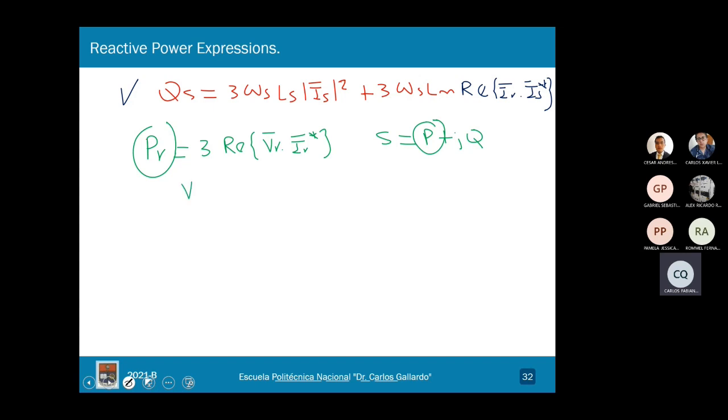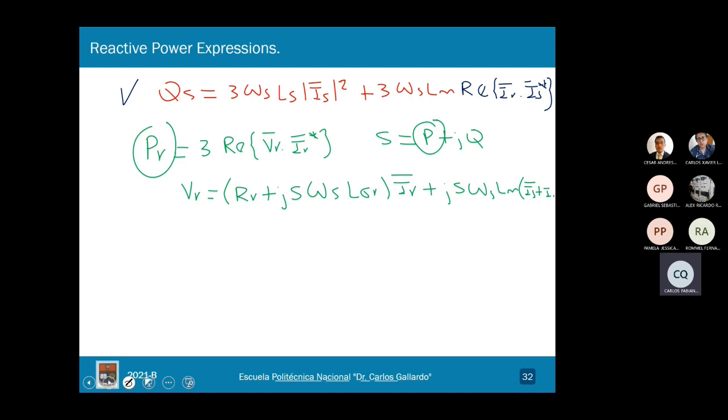From the previous class, we derived the equation of the rotor voltage. The rotor voltage is equal to the rotor resistance plus J times the slip angular frequency times the leakage reactance, times the rotor current phasor, plus J times the slip angular frequency times the magnetizing inductance times the stator current plus the rotor current.